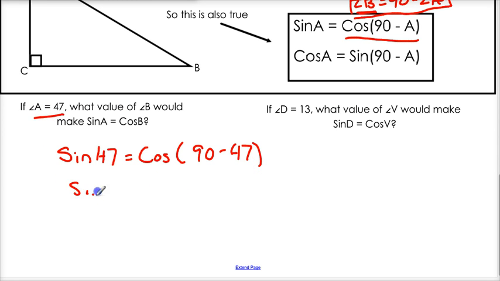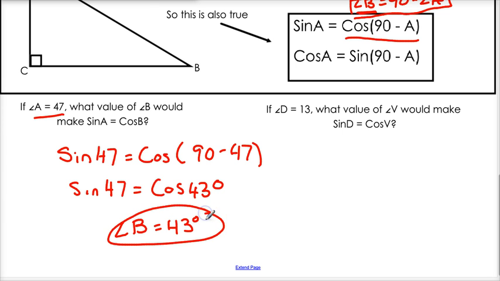So the sine of 47 is equal to the cosine of 90 minus 47, which is 43. And so angle B has to be 43 degrees.